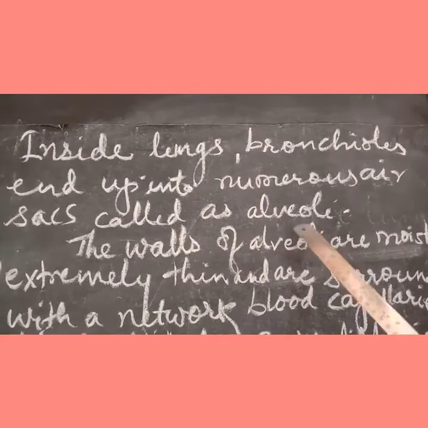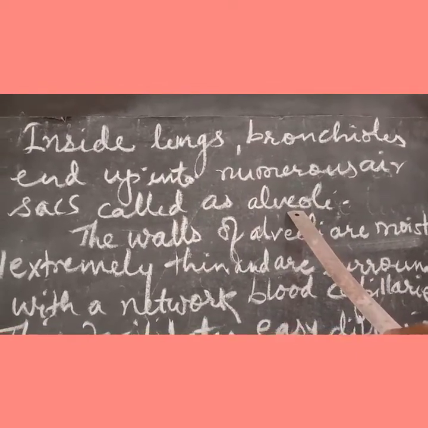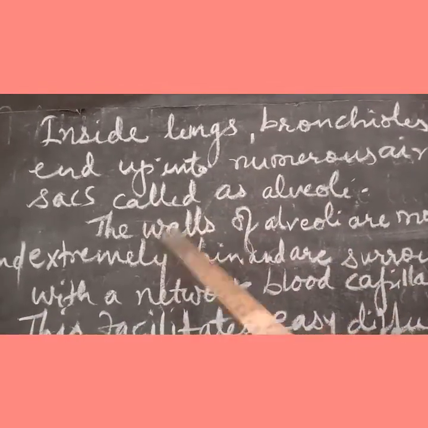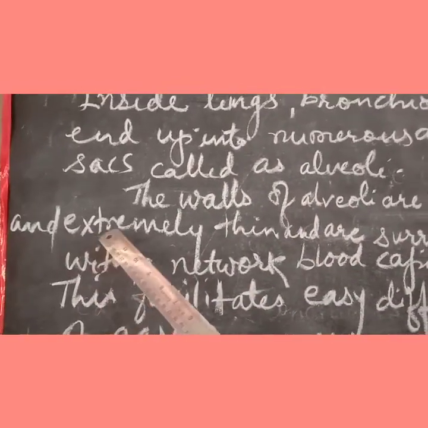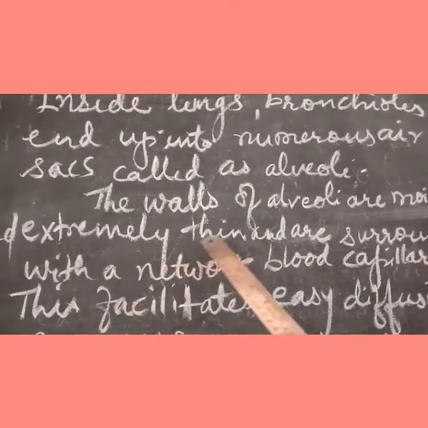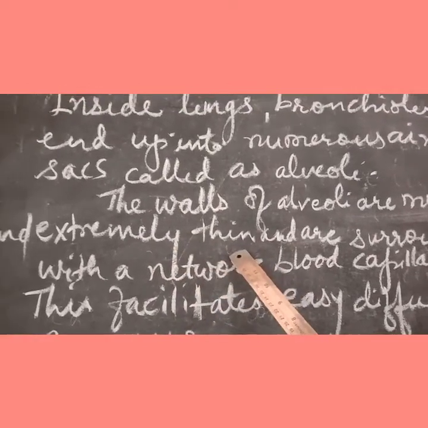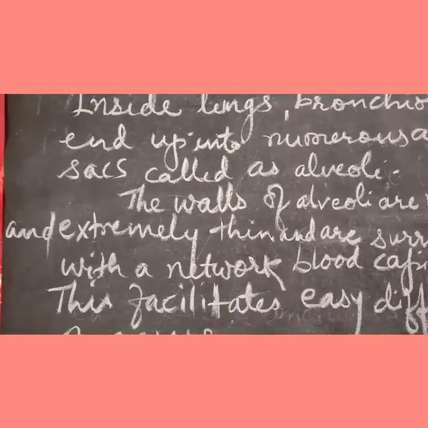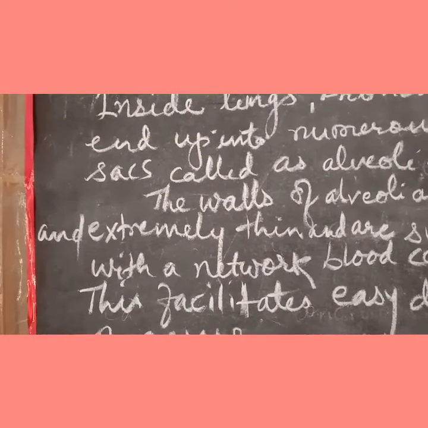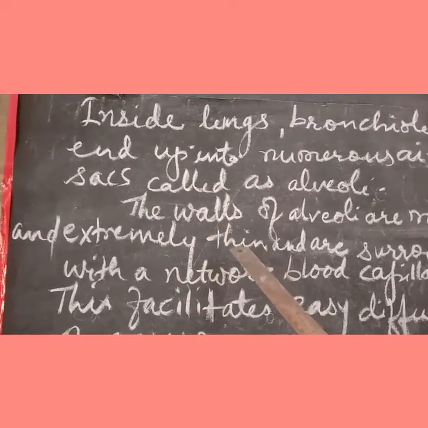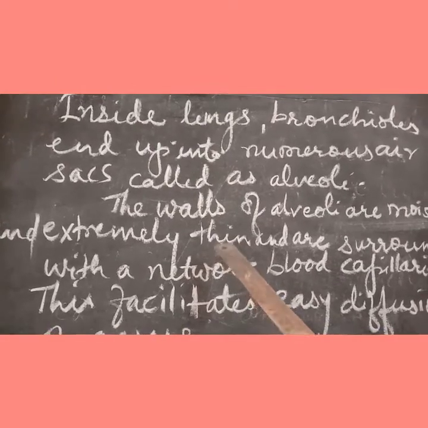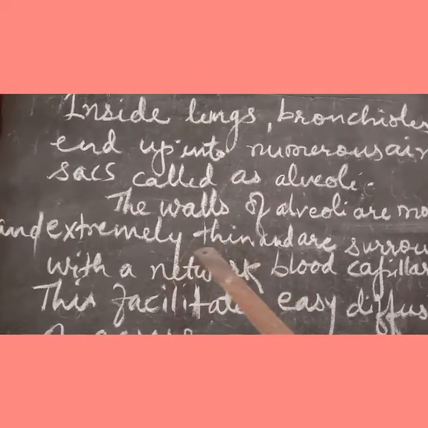Now, alveoli have to play a very significant role here. Walls of alveoli are moist and at the same time extremely thin. Extremely thin means there is only one cell thickness present over there. You can just imagine how thin it is.